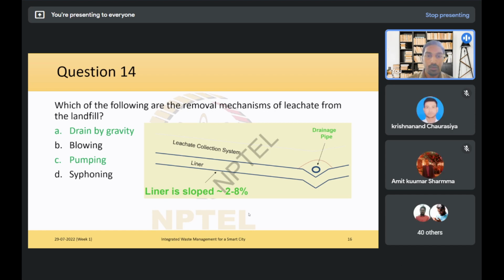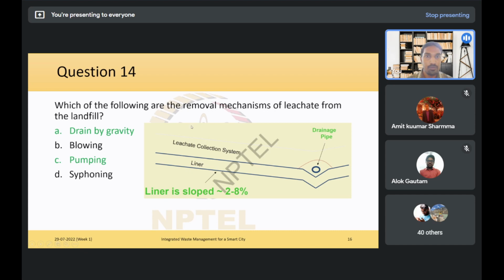So what do we do in a drain by gravity? We have this liner layer right at the bottom of the landfill. This liner layer is not going to be a flat layer. It's going to have some slope, typically from 2% up to 8%. On top of this liner we have the leachate collection system.